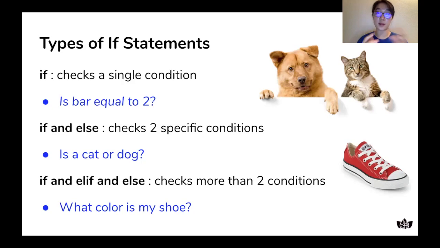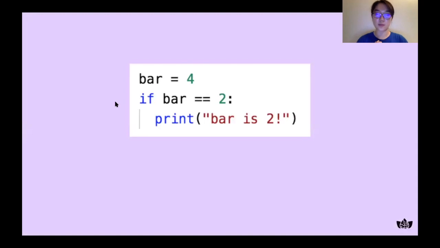I'll show you a quick example right now. In this example, we're declaring a variable and we're checking if bar is equal to a value. This is basically the logic that we want to do. In this case, this code will actually not print because this condition is not true, and therefore this is never executed.